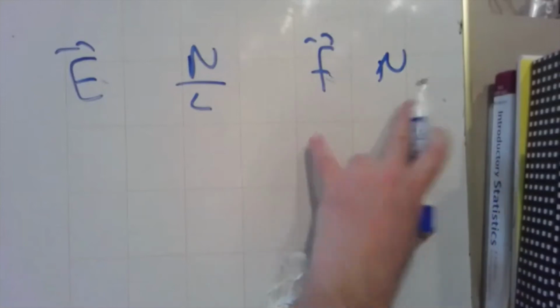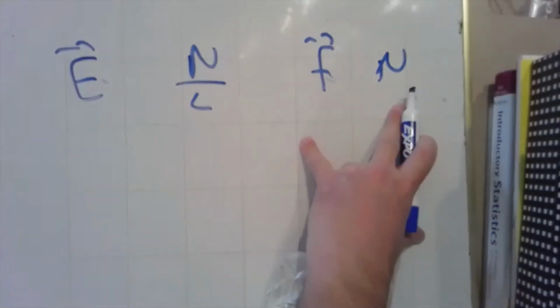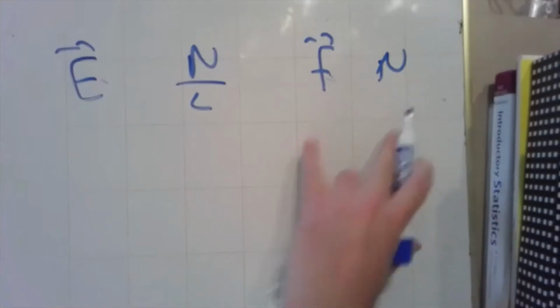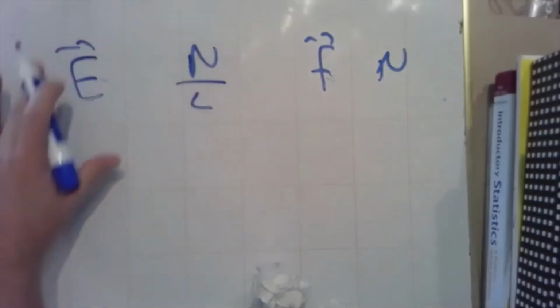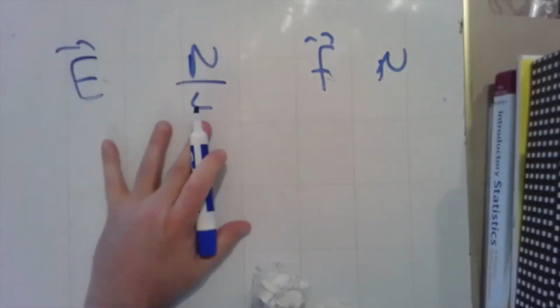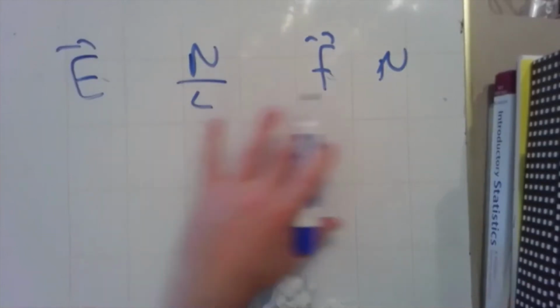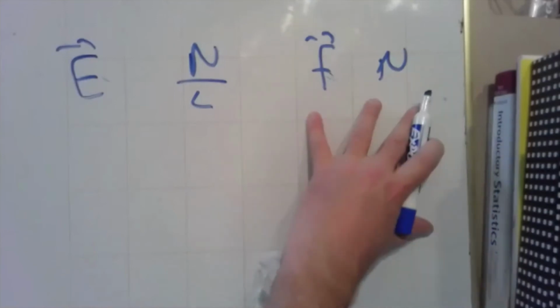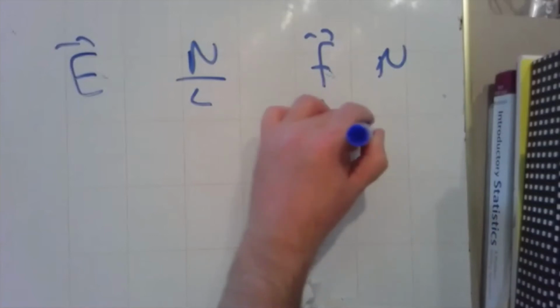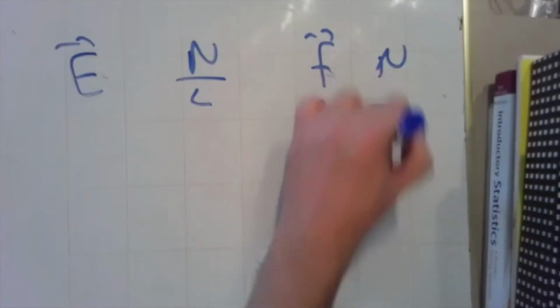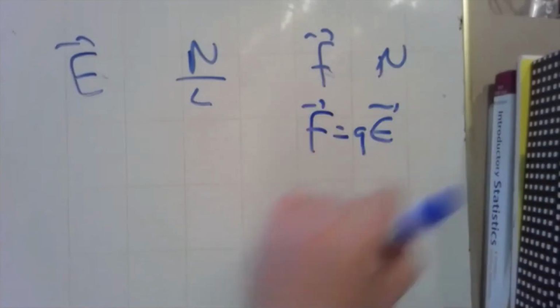So this is how much force is being applied from one charge on the other. You only need one charge. You have a single charge in space, it creates an electric field everywhere. You put a second charge in that electric field, that second charge feels a force because of the field that was already there. That is F equals Q, your new charge, times the electric field.